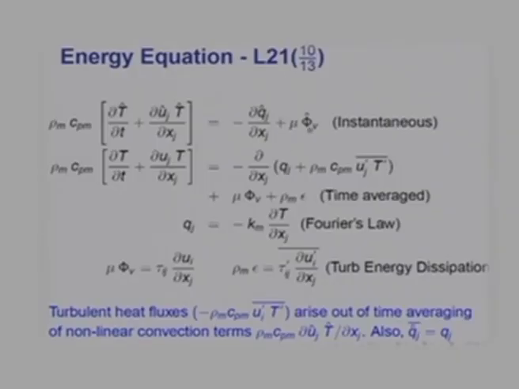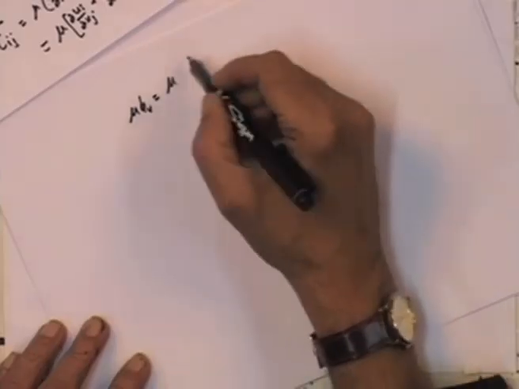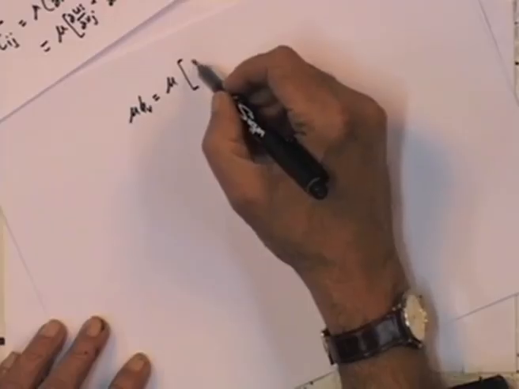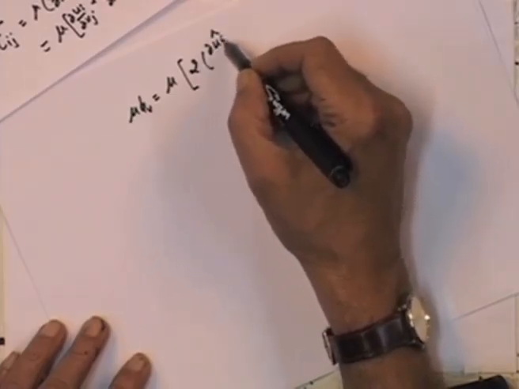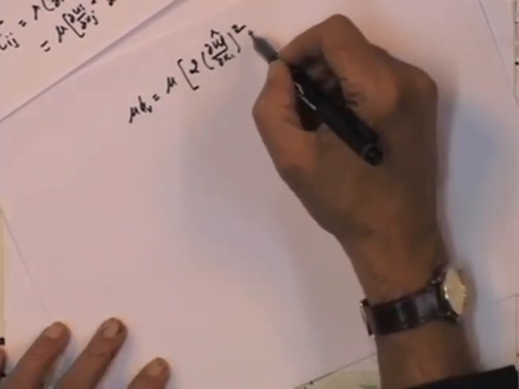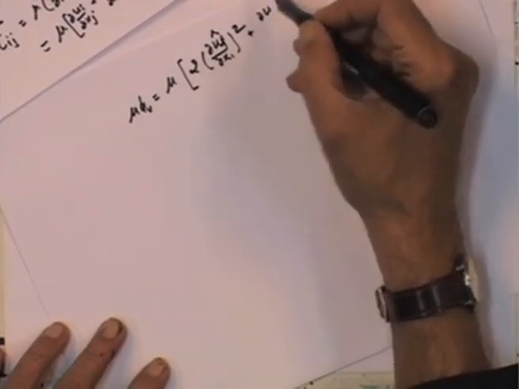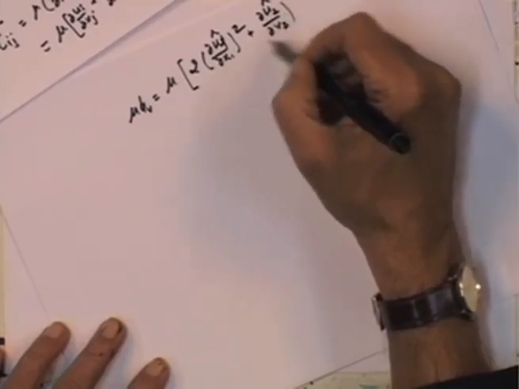Mu phi cap V will result into mu phi V plus this. Now, this requires a little explanation. Remember, mu phi V is mu times 2 into du_i, let us say (du1 by dx1) whole squared plus (du2 by dx2) whole squared.